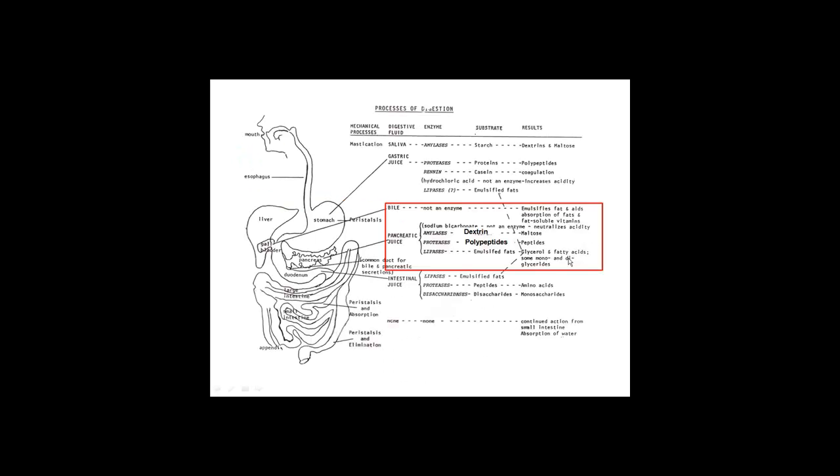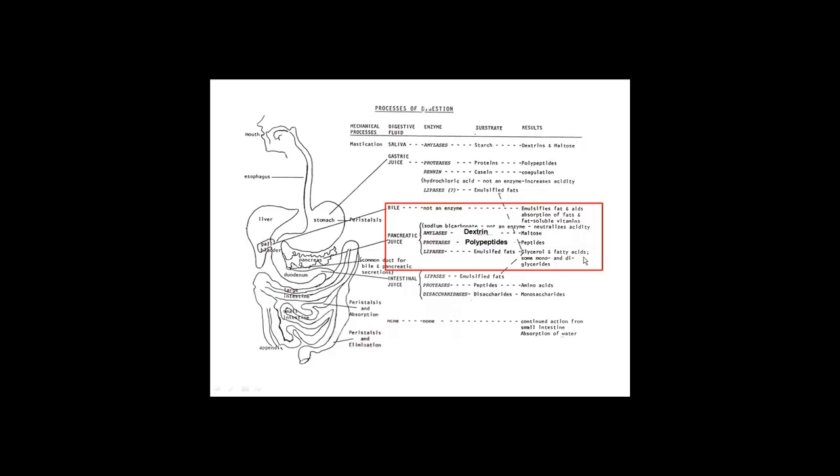So here's the chart, and it basically just looks at bile as being an emulsifier, and then the dextrins that we have are going to be broken down into maltose, and then the polypeptides to peptides. Polypeptides, again, can be like 50 amino acids or something like that, whereas peptides are going to be like tripeptides or tetrapeptides, 3 or 4 amino acids.